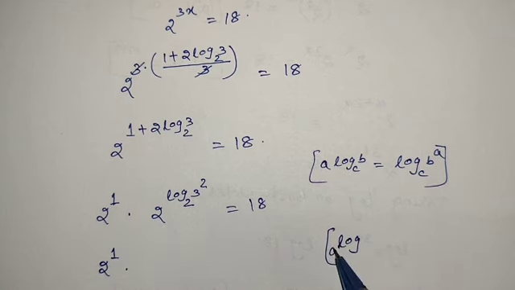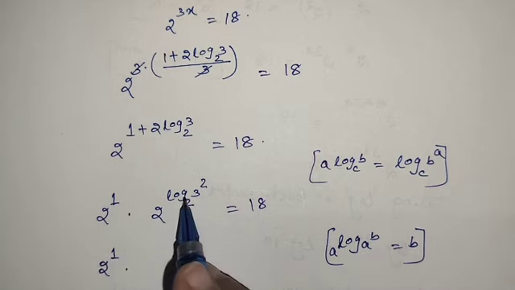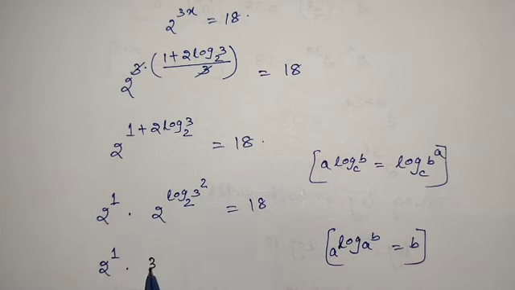Then 2 to the power 1 into... We know a to the power log b base a is equal to b. Then 2 to the power log of 3 to the power 2 base 2 is 3 to the power 2, is equal to 18.